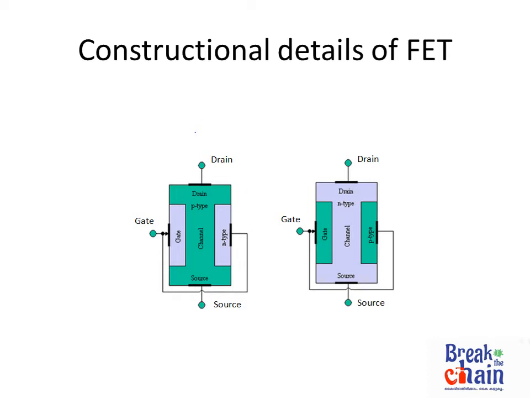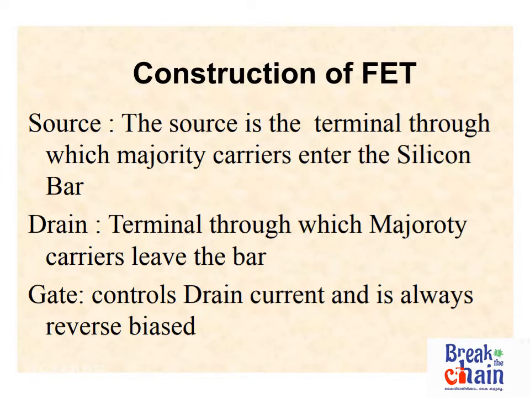They are internally connected. So the important points are there are three leads: drain, gate and source. Depending upon the channel you can name them. If the channel is N type, then that is an N channel FET. If the channel is P type, then that is a P channel FET. So this is the constructional details of field effect transistor.